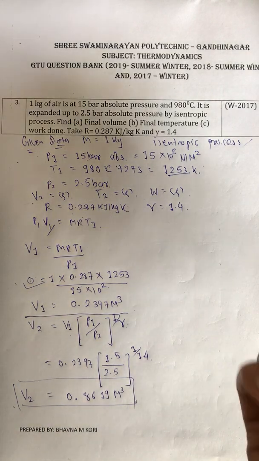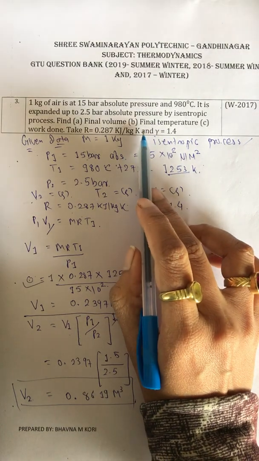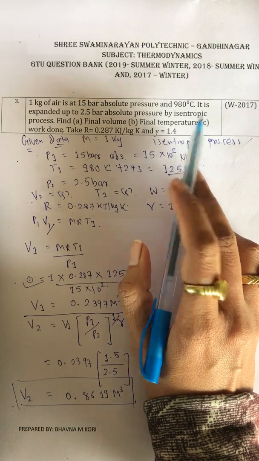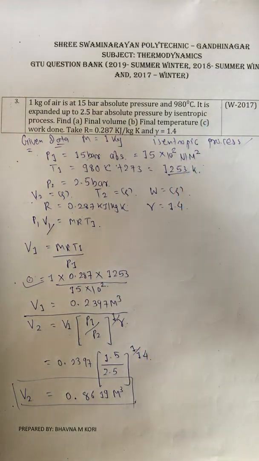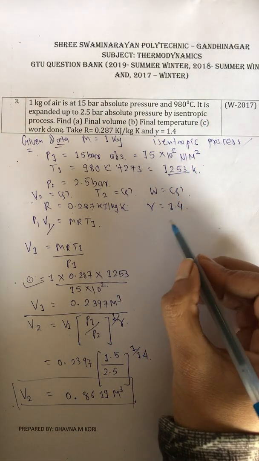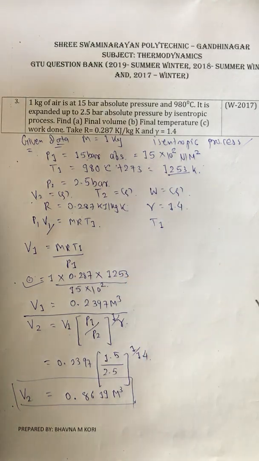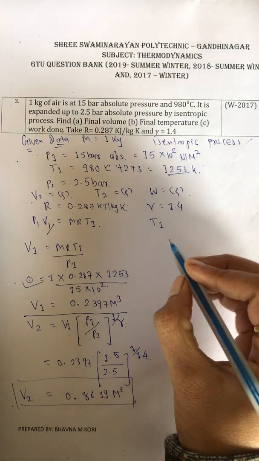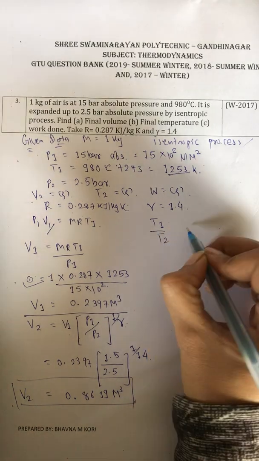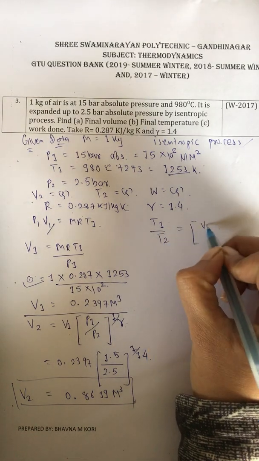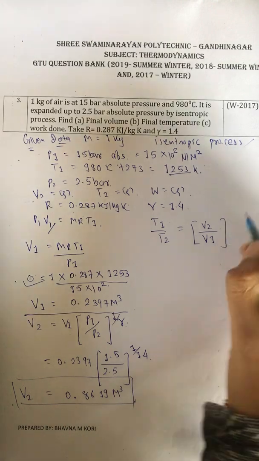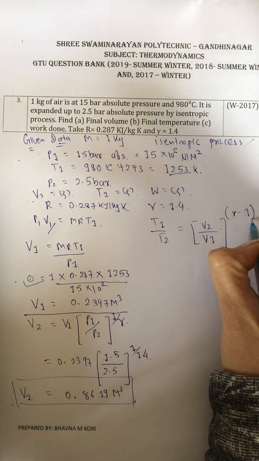Now what we have to find? We have to find the final temperature, that is T2. Now again using the PVT relation. What is the VT relation for an isentropic process? That is T1 by T2 is equal to (V2 by V1) raised to gamma minus 1.